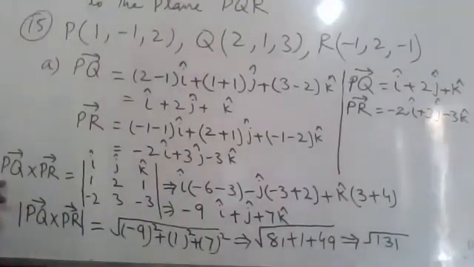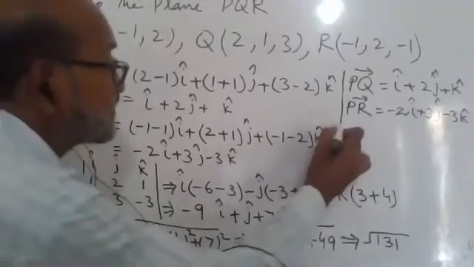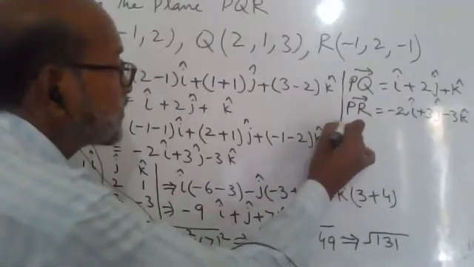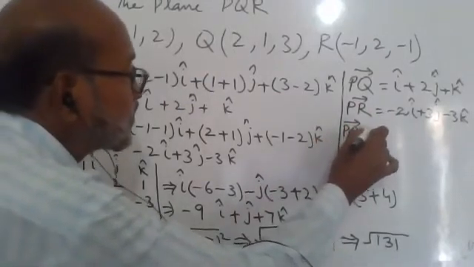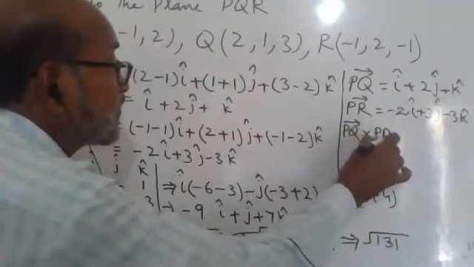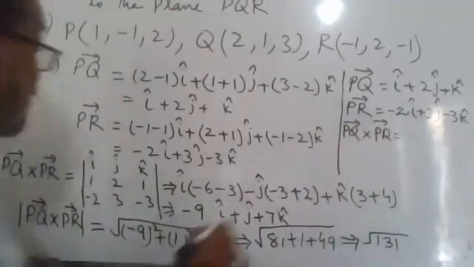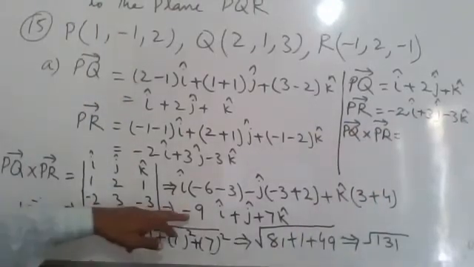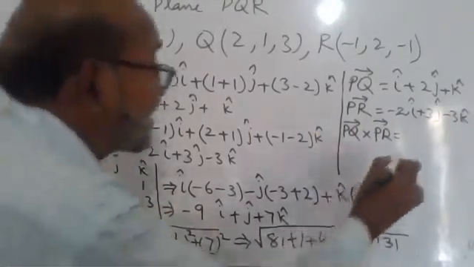Then I will write PQ cross PR. It is minus 9i plus j plus 7k.